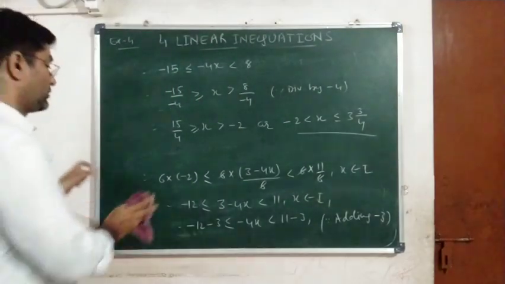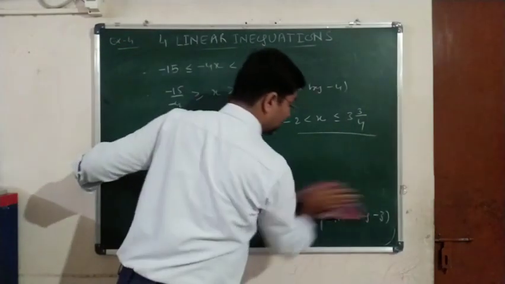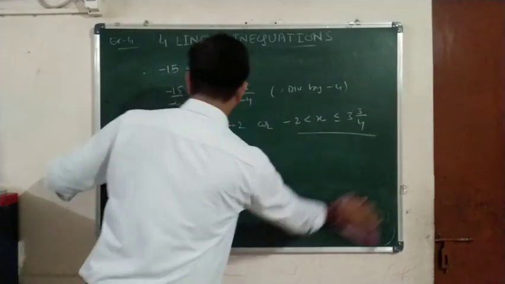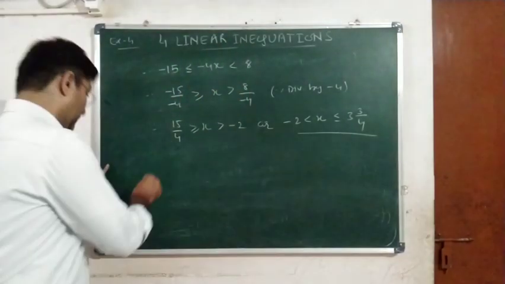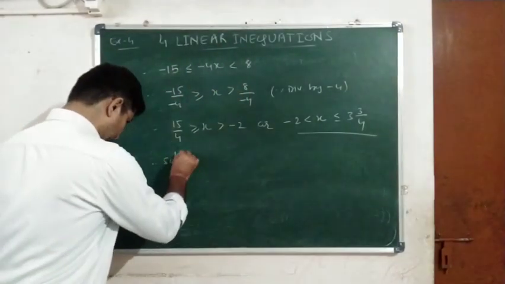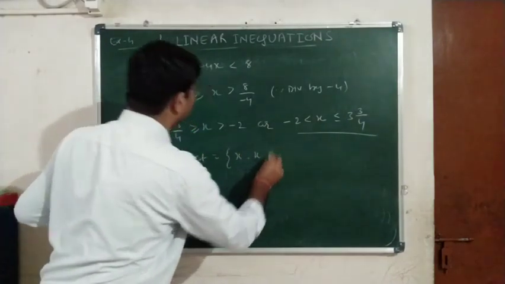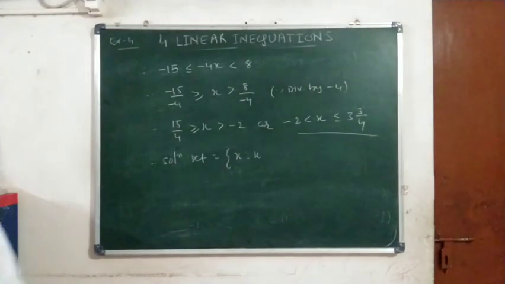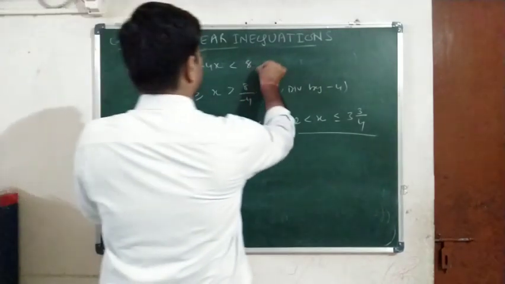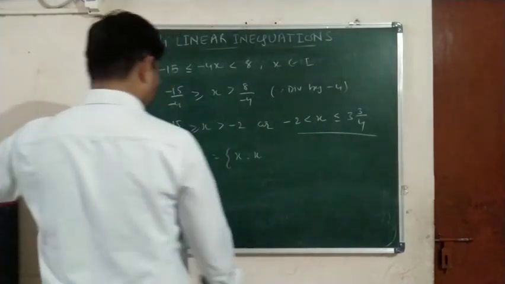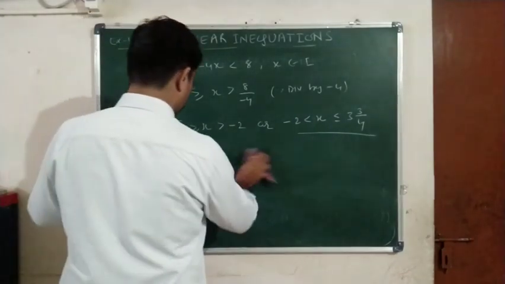Now let us write down the solution set and represent it on the number line. Okay, therefore the solution set is x such that, okay, let us see, this is question number 16. So here the replacement set was I, yes or no, and therefore you can write down the elements separately.